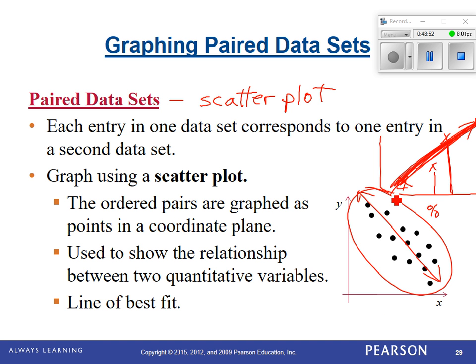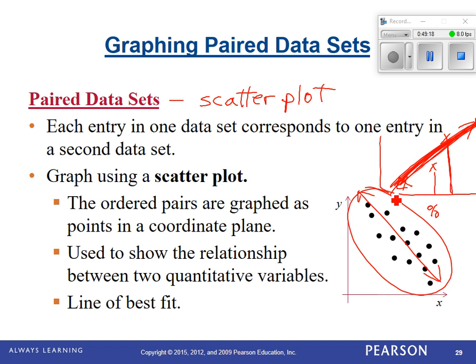Later on in the year, we'll talk about how to calculate the line of best fit. We'll probably do it longhand, because it's the funnest thing in the world to calculate longhand. I'm being sarcastic. We probably will never do it longhand because you won't want to. When we get to line of best fit, you must have the TI-83 or 84 calculator.